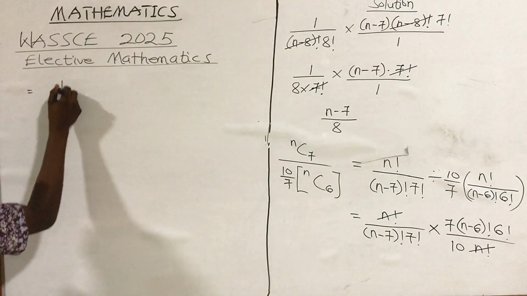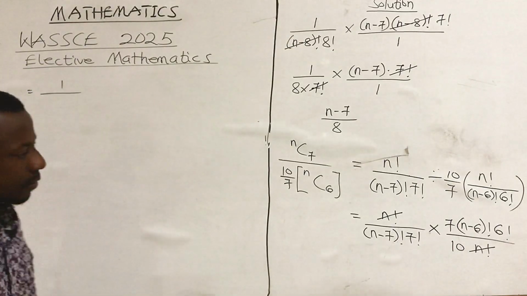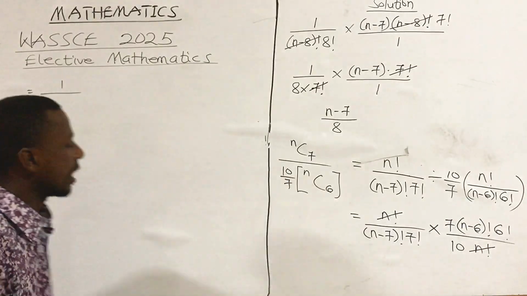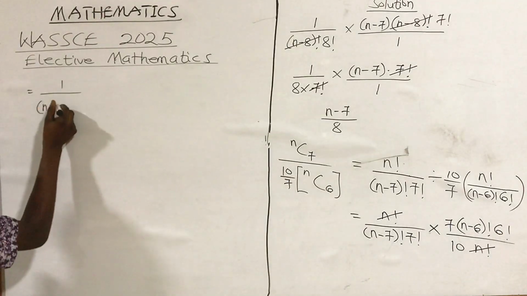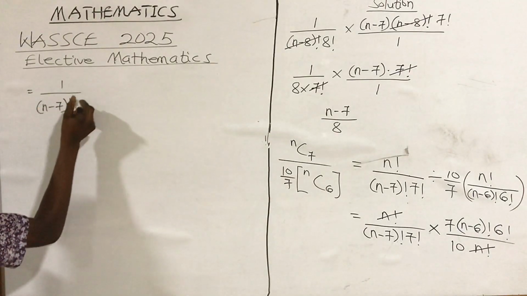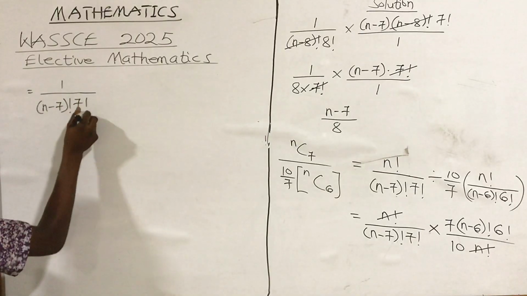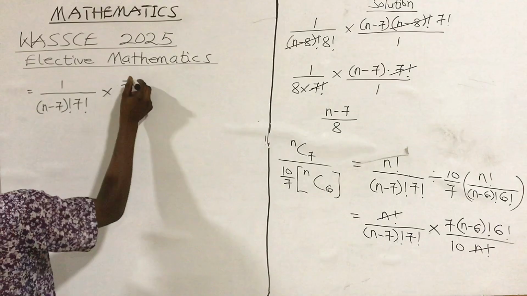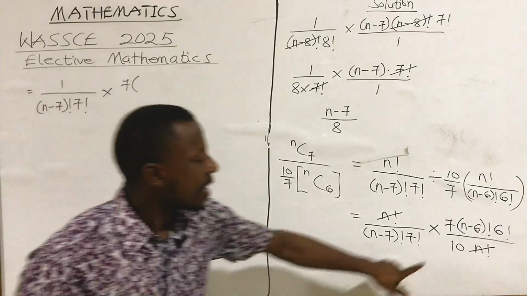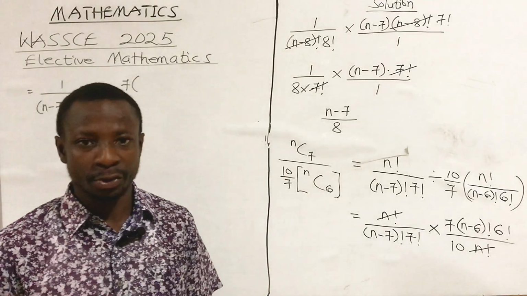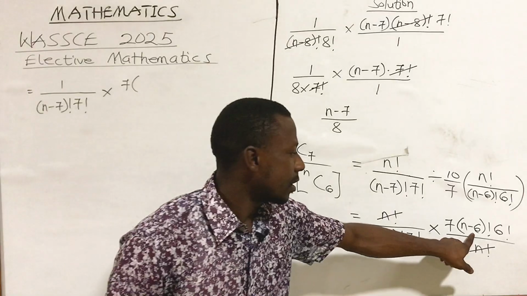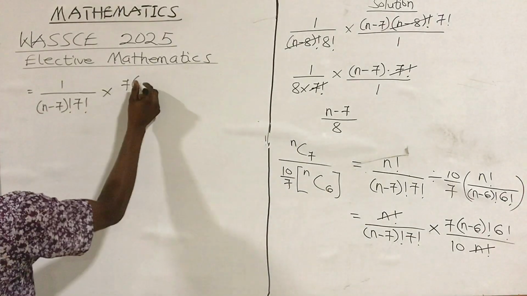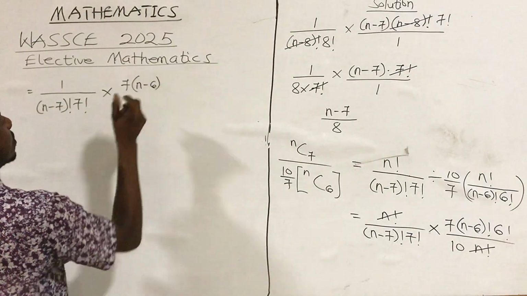So we have 1 over (n minus 7) factorial multiplying 7 factorial times 7 into bracket. Now (n minus 6) factorial is the same as, so we are going to first of all write n minus 6.